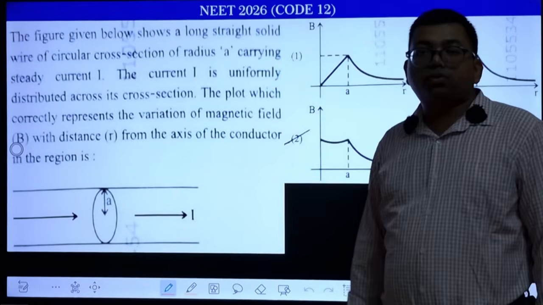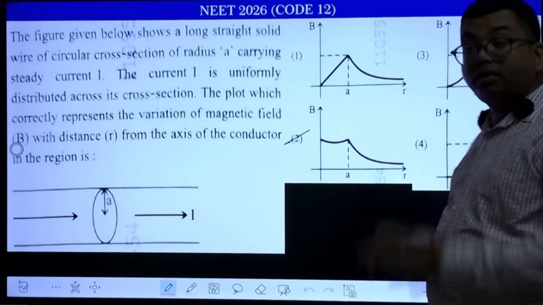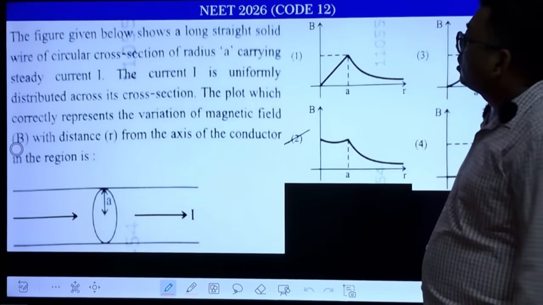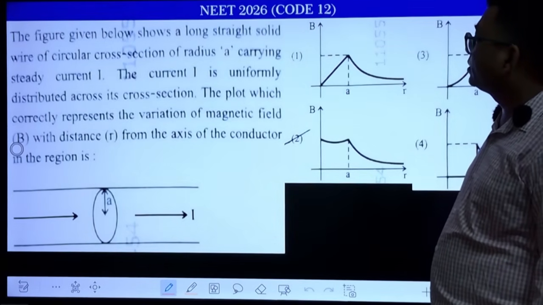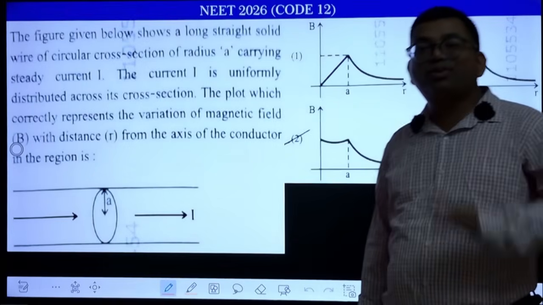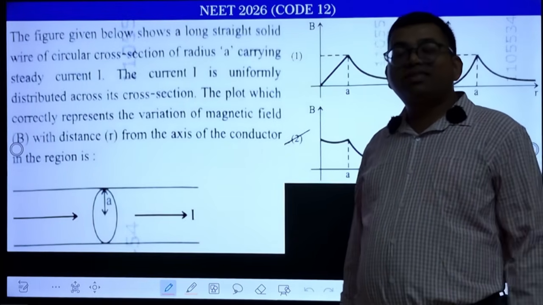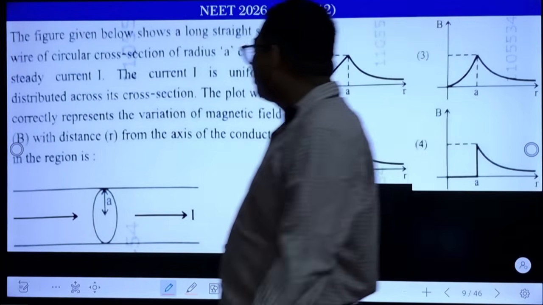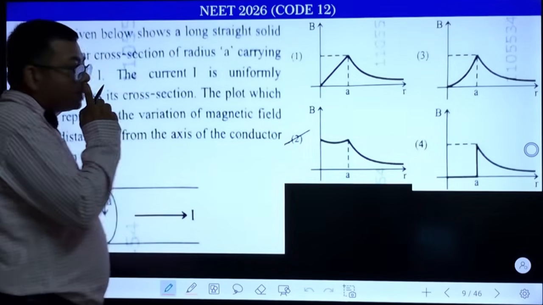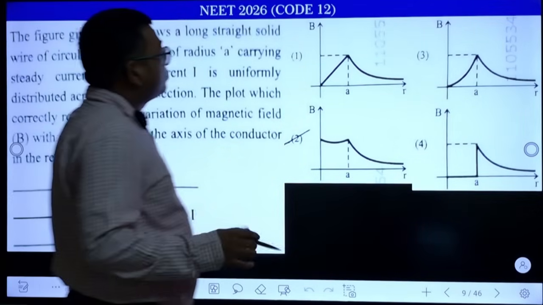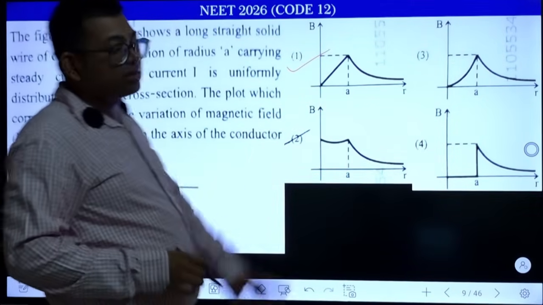The figure shows a long straight solid wire. The cross section radius is given, the current I is uniform, and we have to plot which represents the variation. This is a standard question, by Ampere's law, nothing to be done. All of you know that as you go, the field increases linearly inside, and after that it decreases. So anyone can do this, you just have to select it.